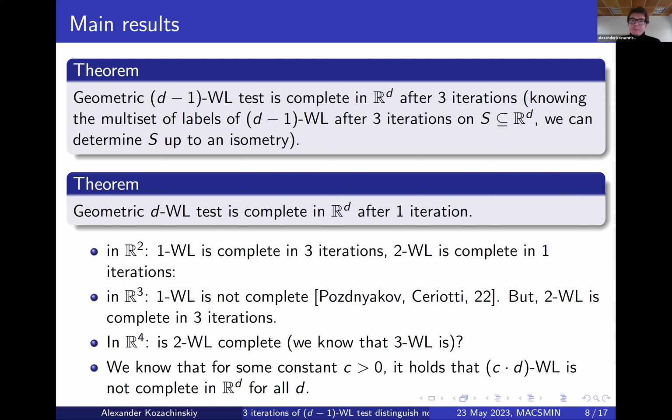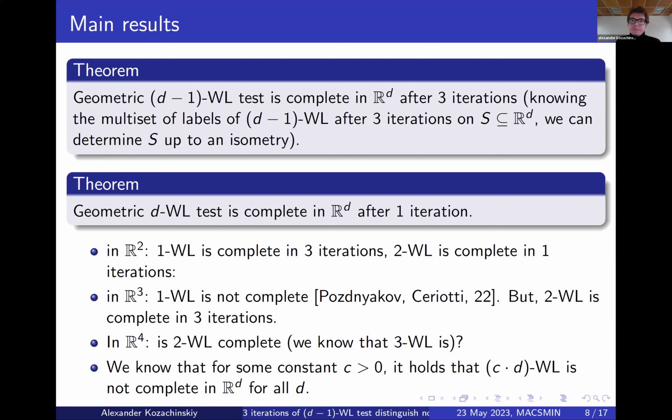So most probably not your original point cloud S, but some point cloud S prime, which is isometric to S. And as a consequence, this means that if I have 2 non-isometric point clouds, they cannot have the same multiset of labels after 3 iterations, because otherwise we would reconstruct them into the same point cloud.